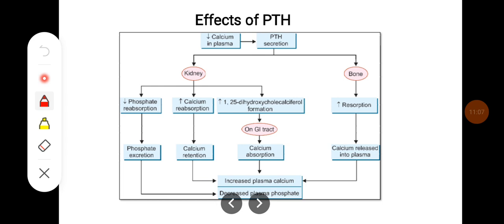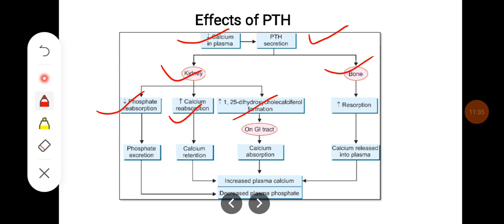So these are the effects of parathormone, that is, to reduce calcium levels in the plasma. It leads to an increase in the formation of the PTH. It is going to act on the kidney and the bone. On the kidney, it decreases the phosphate reabsorption, increases the calcium reabsorption, and also increases the formation of 1,25 dihydroxycholecalciferol.